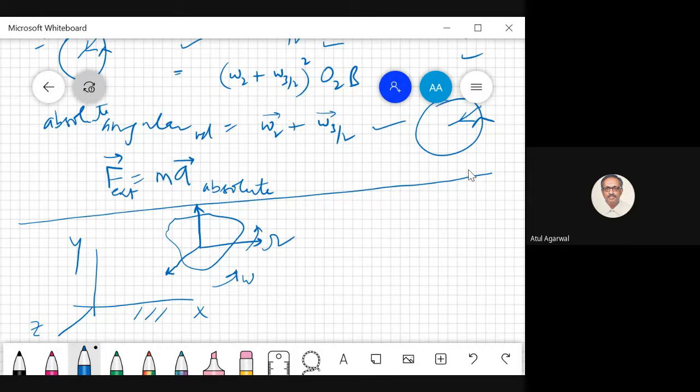Any problem? No, sir. So we have an angular velocity omega, and we have an angular velocity of the rotating frame, capital omega. Let's call it 1, 2, 3. This omega we are measuring with respect to this 1, 2, 3. So what will be this omega?